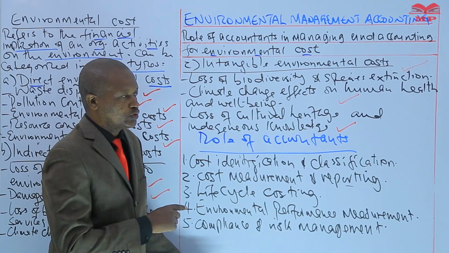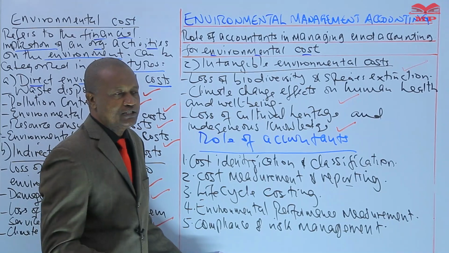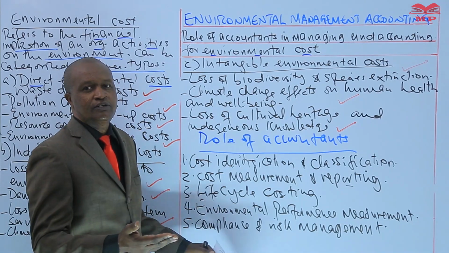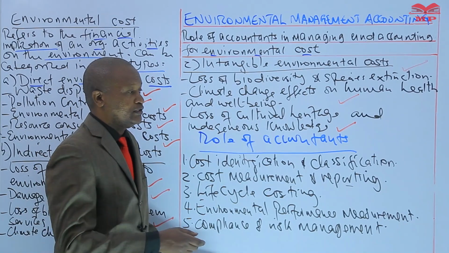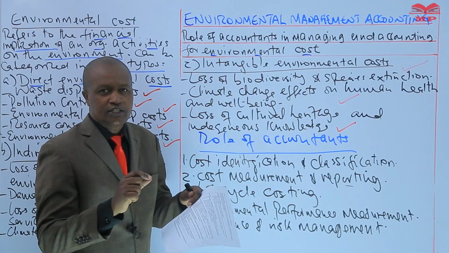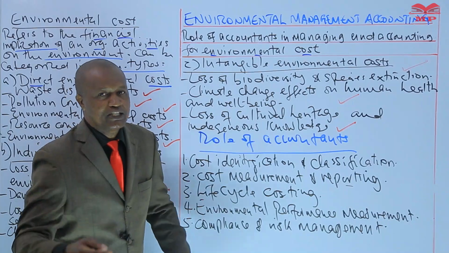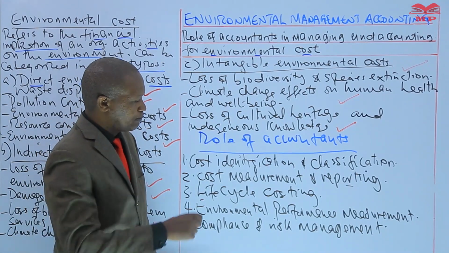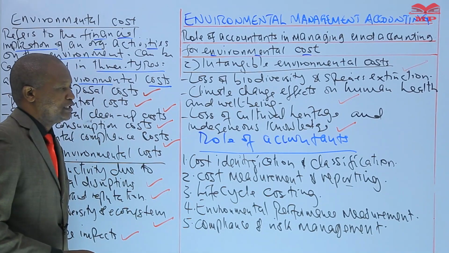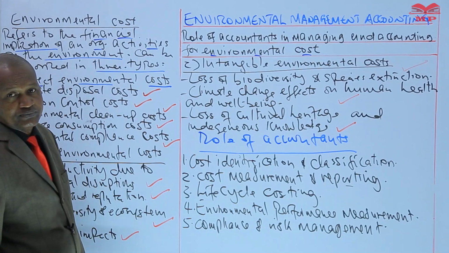And the accountants do so by assessing potential penalties, by assessing potential liabilities resulting from environmental violations, and they also incorporate such risks into financial planning and risk management strategies. Compliance and risk management. That is yet another role played by accountants in accounting for environmental costs.